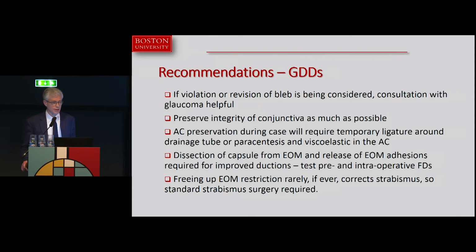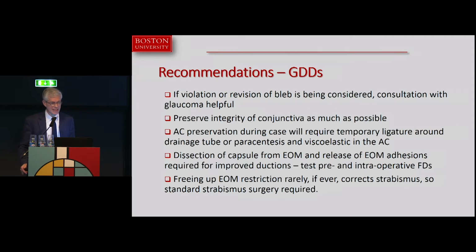It's also important that we preserve the anterior chamber, and it's not uncommon as we operate on these patients to see that the eye will flatten, the anterior chamber will deflate, the eye gets soft and gets much more risky to place sutures in. So it's important to maintain the anterior chamber, and you can do that one of two ways. You can either put a ligature around the tube if you have access to the tube, or you can put Healon in the anterior chamber.